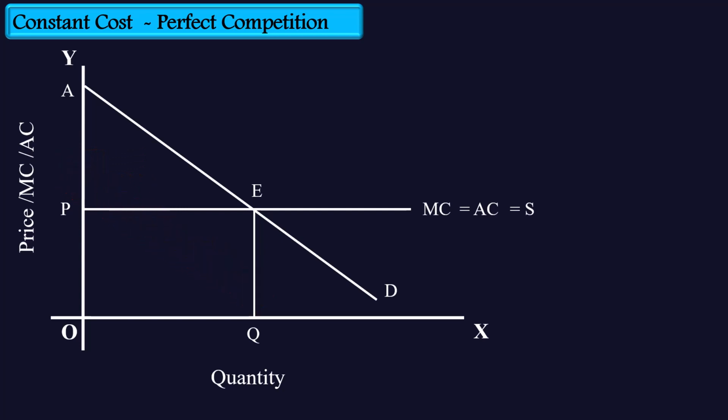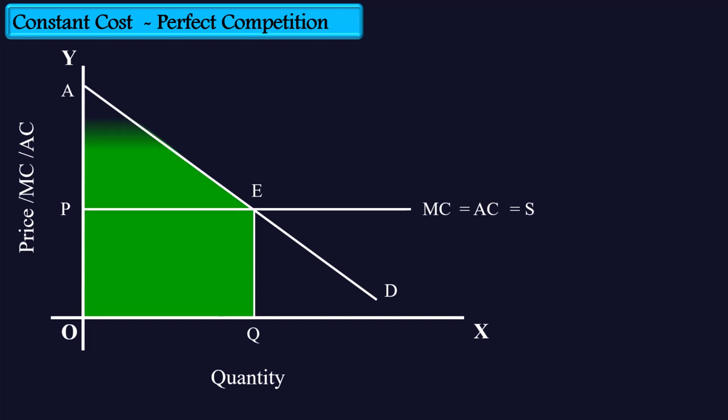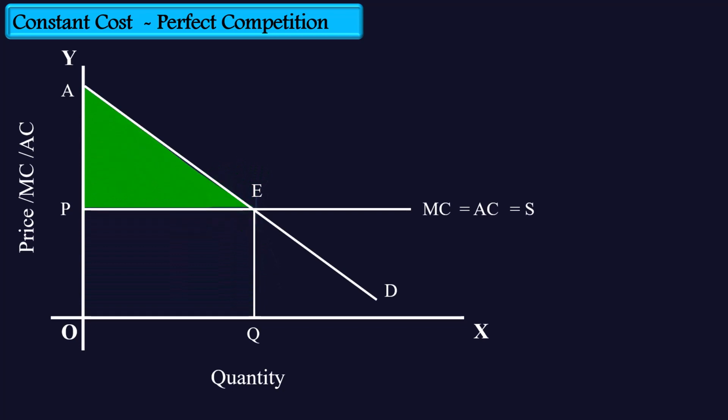The community is willing to pay OAEQ amount, but it actually pays OPEQ. So, consumers' surplus is OAEQ minus OPEQ equal to PAE. Here, the important point to be noted is that price is equal to marginal cost.